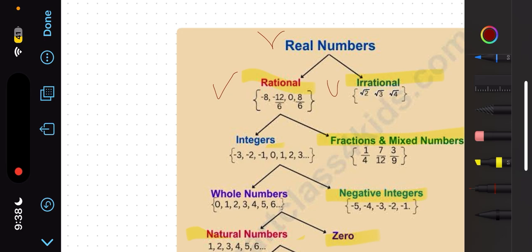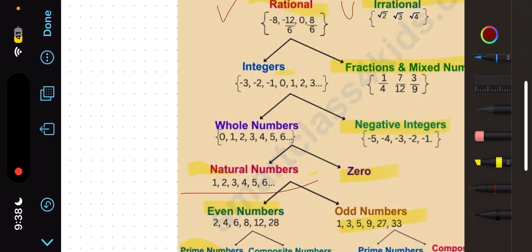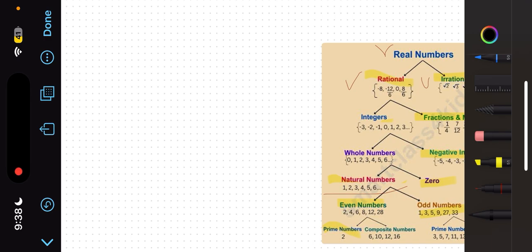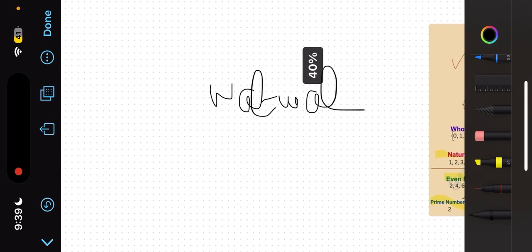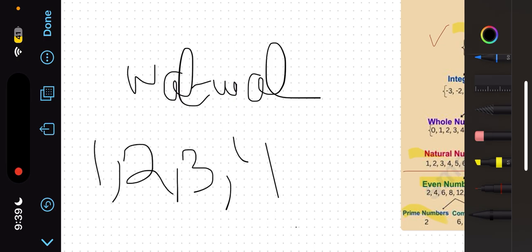Let's now learn, first of all, what is a natural number. A long time ago, for counting, people used natural numbers. Natural numbers are a sequence that goes 1, 2, 3 and it goes on. It only starts with 1.